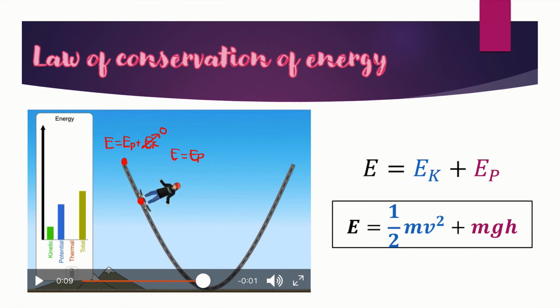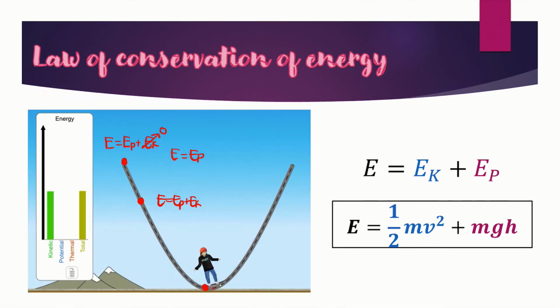For example, now here, the total energy is going to be the sum of the potential plus the kinetic. When the skater reaches the lower point, the total energy, which is the potential plus the kinetic, at this point where the height is zero, we are not going to have potential, so we are only going to have kinetic energy.